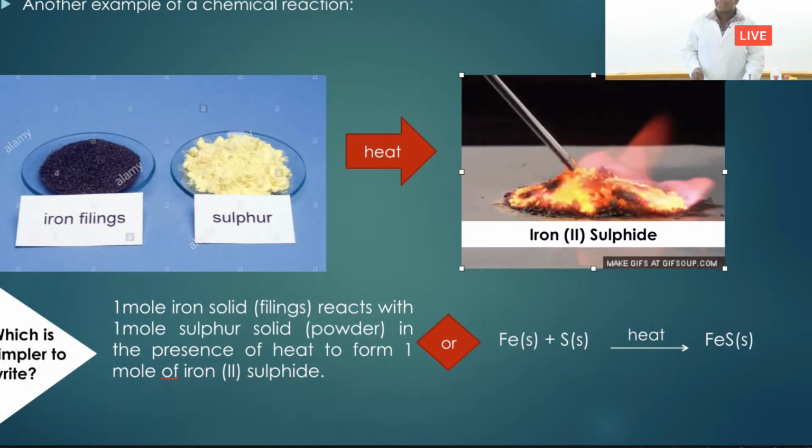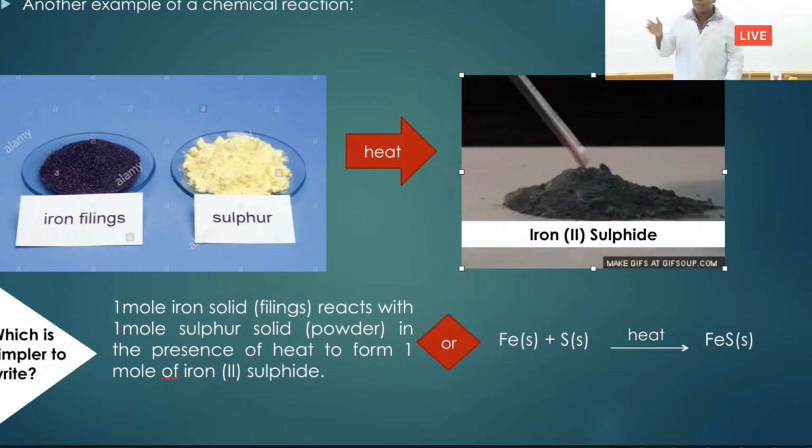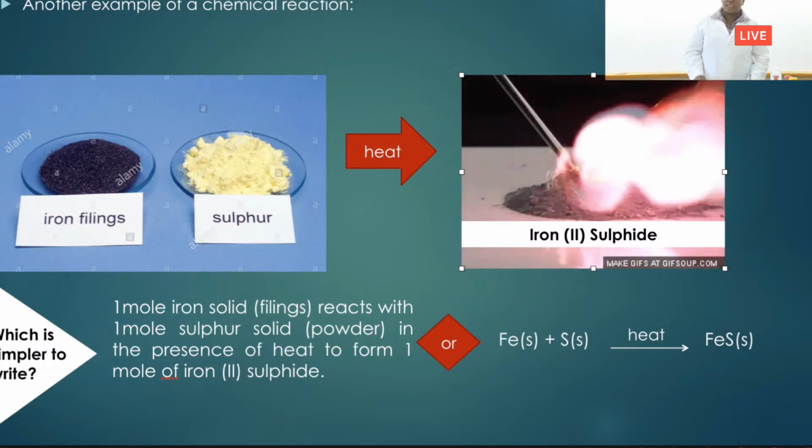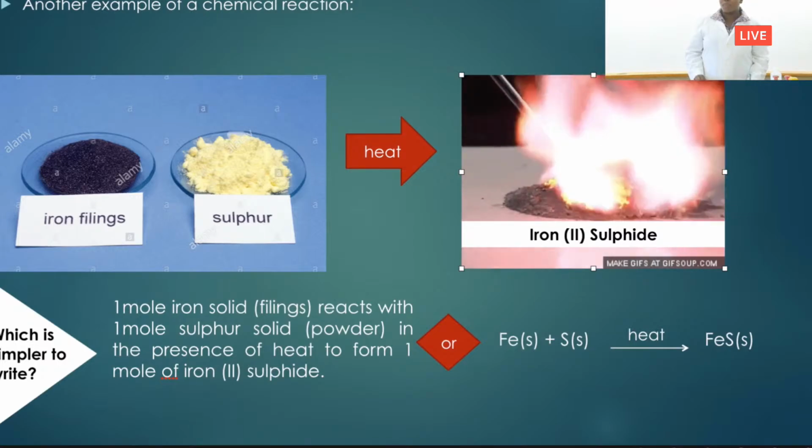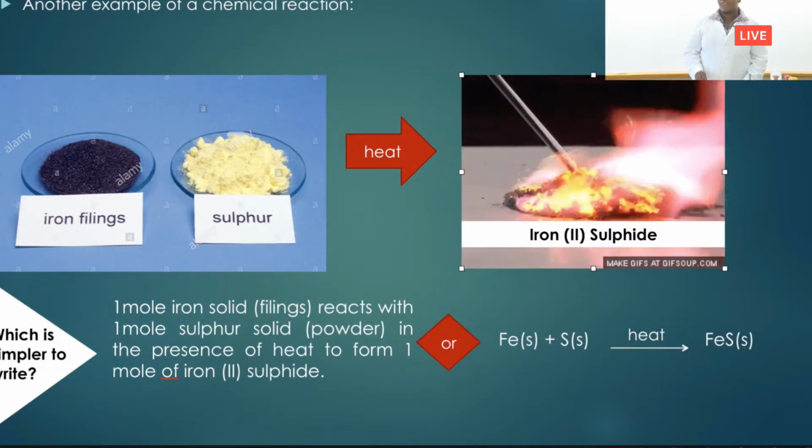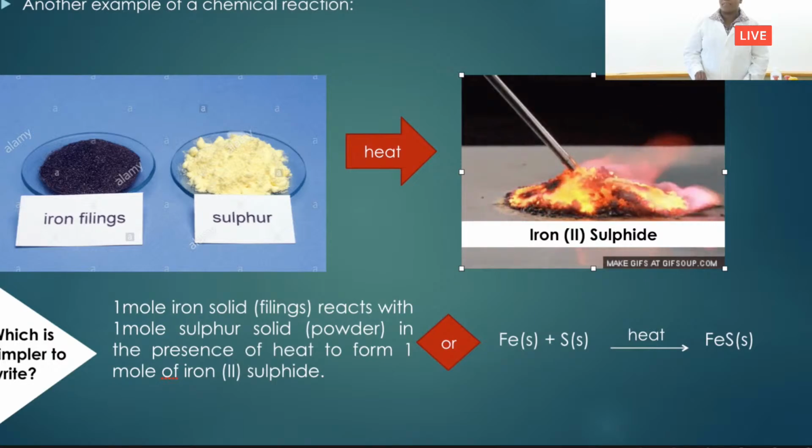Now take a look at the equations expressed in words and then expressed in symbols. Which one would you rather write? Would you rather write 1 mole of iron solid filings reacts with 1 mole of sulfur solid powder in the presence of heat to form 1 mole of iron 2 sulfide?